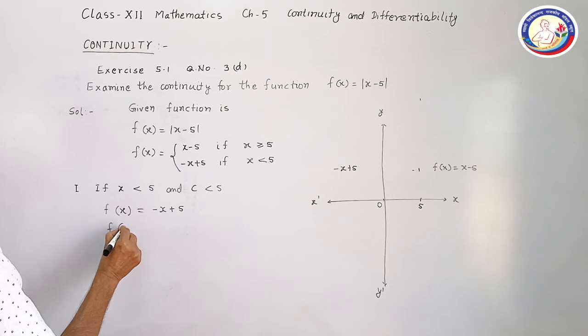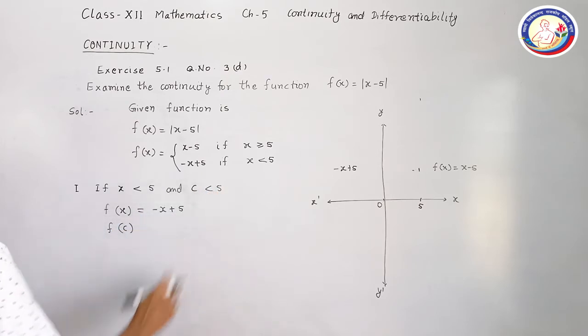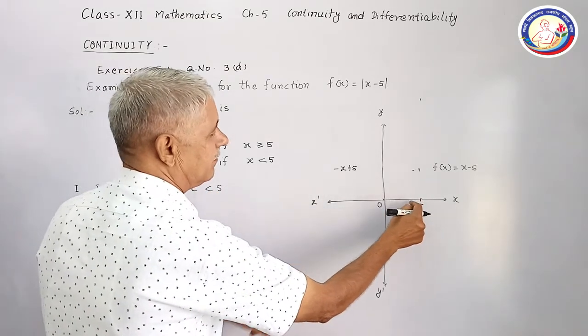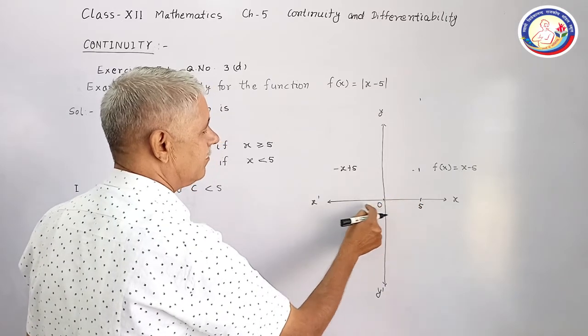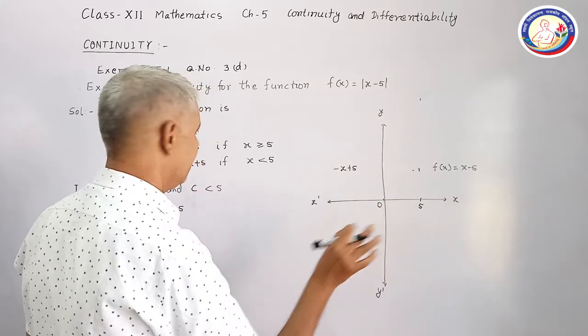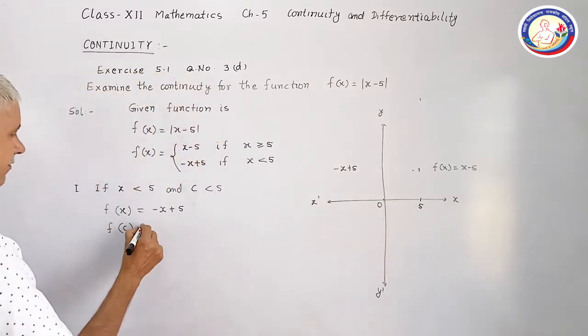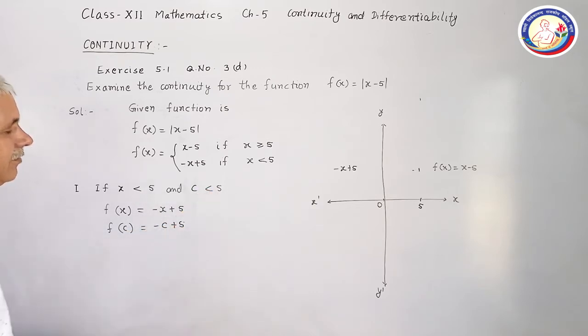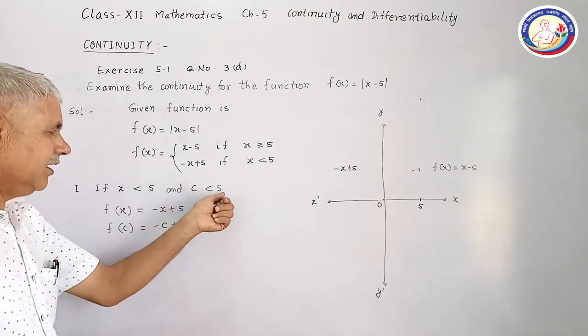The value of the function at C, any point where C is less than 5, it may be 4, 3, 0, minus 1, minus 2, etc., will be minus C plus 5. Put here the value. Remember that C is less than 5.